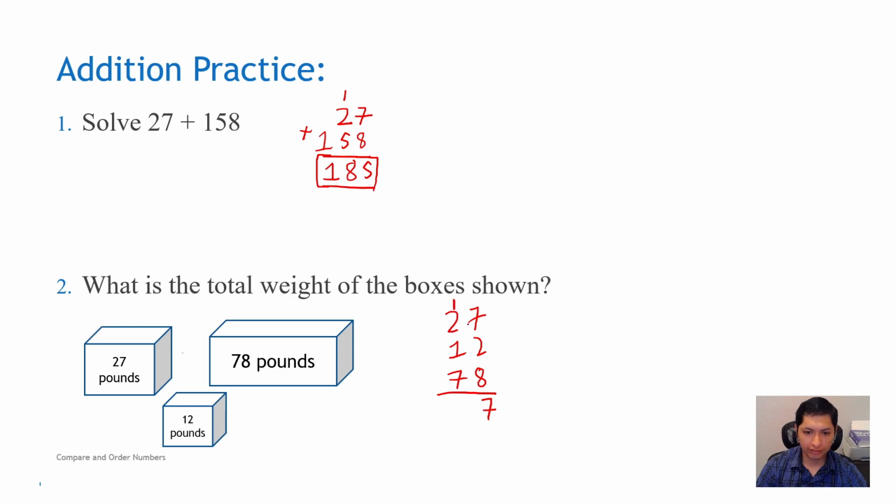You carry the 1 from the tens place of 17, so now you're adding 4 numbers. 1 plus 2 is 3, plus 1 is 4, plus 7 is 11. So you drop down the 11, so the answer is 117 pounds. So that is some addition practice problems.